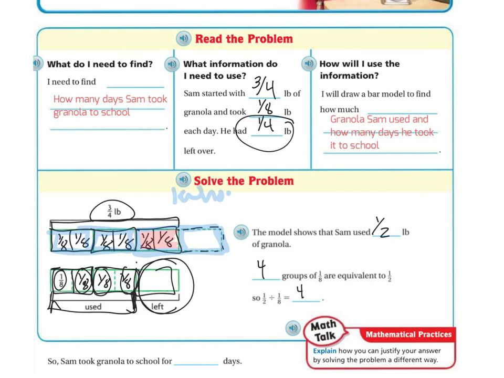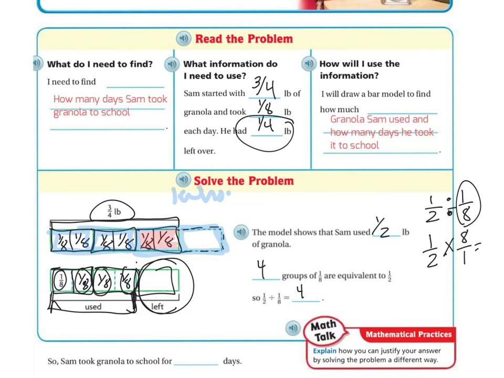If you want to check that with an algebraic expression like we did yesterday, you can say 1/2 divided by 1/8. Remember, we can change this into a multiplication problem of the inverse, or the reciprocal. Switch the 8 over 1.